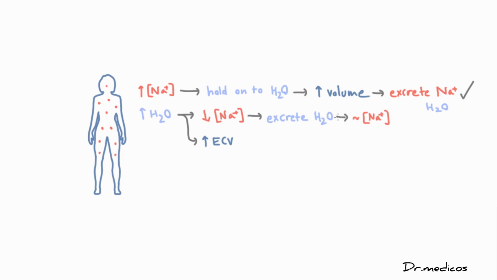And at the same time, you've gotten rid of water, which is going to decrease your extracellular volume, which was increased to begin with. So actually it's going to bring your extracellular volume back to normal. So in this case, we see that if you drink a bunch of water, the result is very quickly you're just going to excrete that same water back and get back to the same original situation you were in.